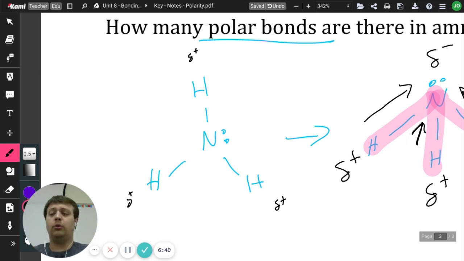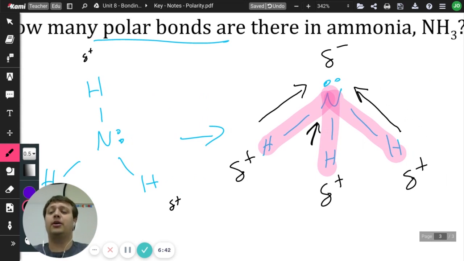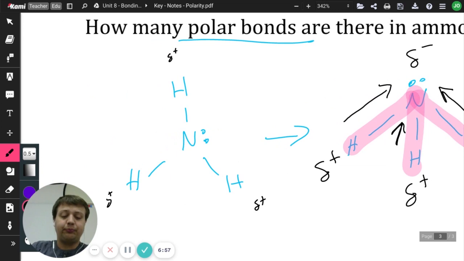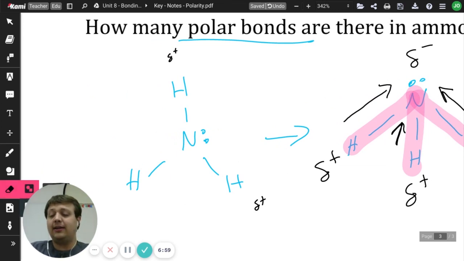But remember, when we change that shape because of those lone pairs, it actually reveals that central atom. It reveals that nitrogen. And so it makes that negative side be exposed. And so we have a negative side and a positive side on our molecule, which makes the molecule polar. Okay? So just keep that in mind. It's important that you adjust the shape just to help reflect that change in polarity.